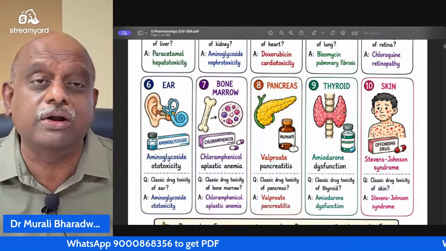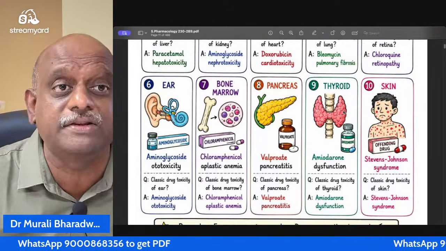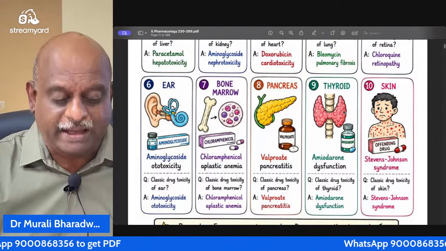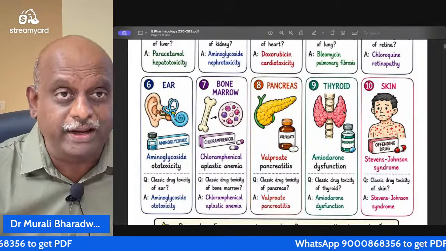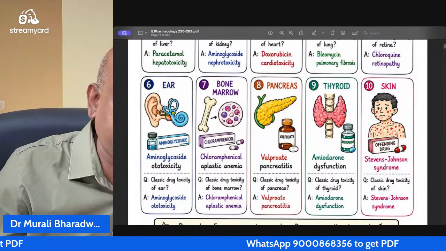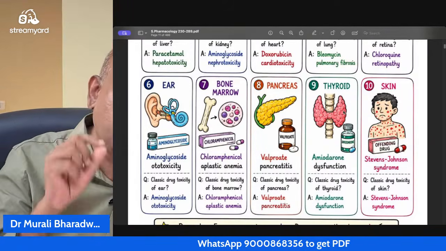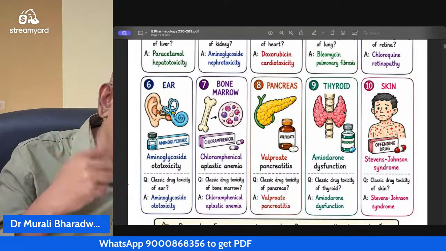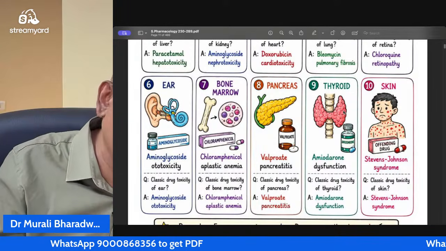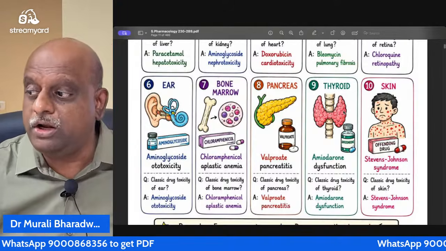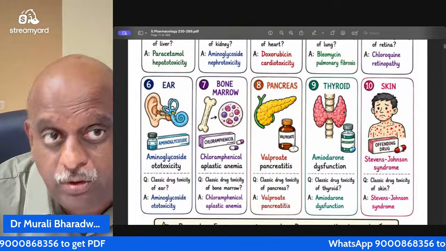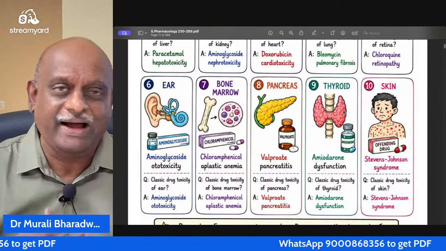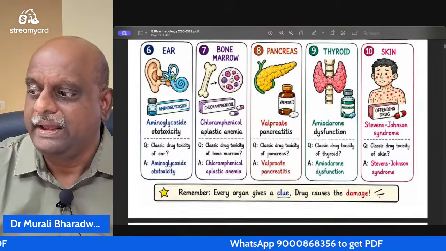Amiodarone has almost 7 to 8 side effects. Hyperthyroidism, corneal verticillate deposits, called verticillate keratopathy. Skin pigmentation in case of amiodarone. So amiodarone, both hypo and hyperthyroidism are the classical features.